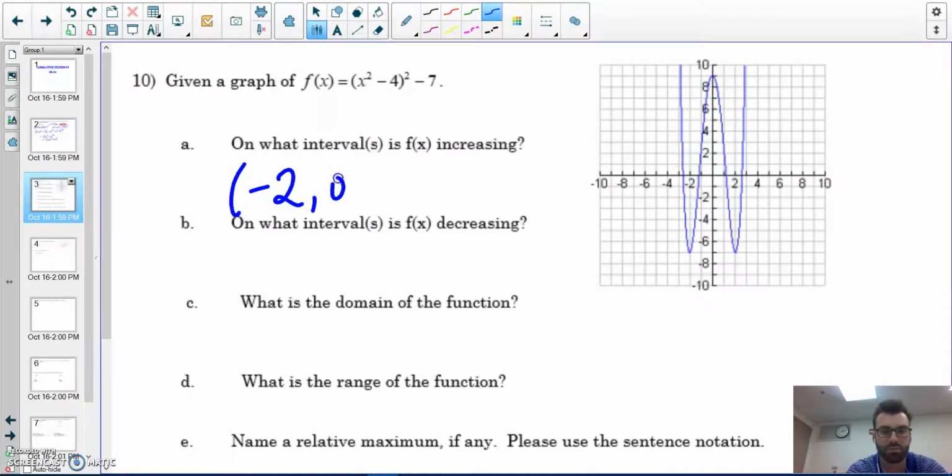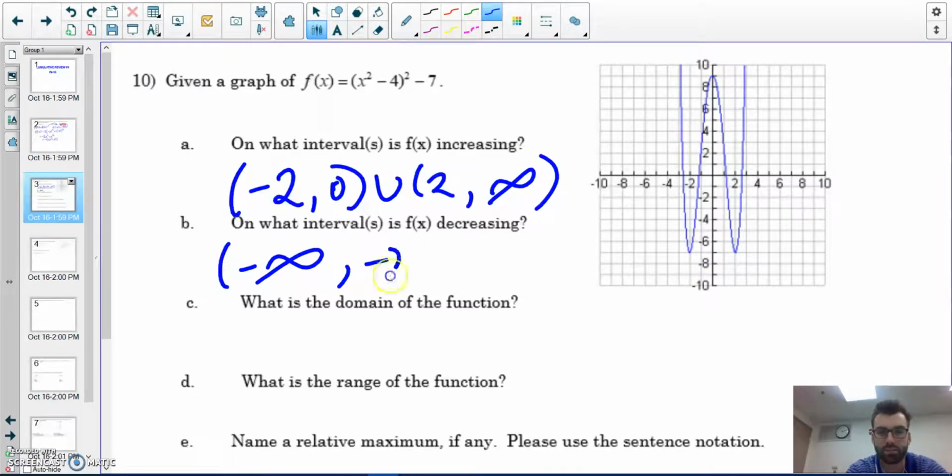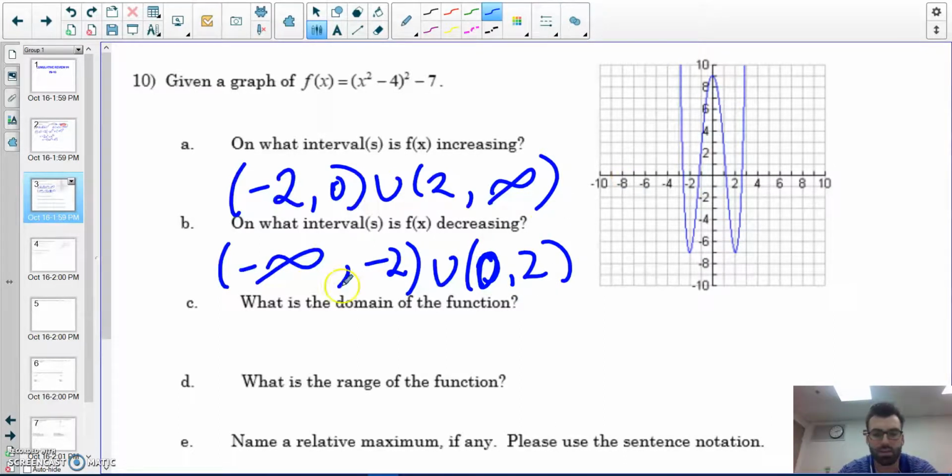So from negative 2 to 0, and then from 2 to infinity. Decreasing here, negative infinity to negative 2, union 0 to 2. Remember, we use our x values for increasing and decreasing when we're writing our interval.